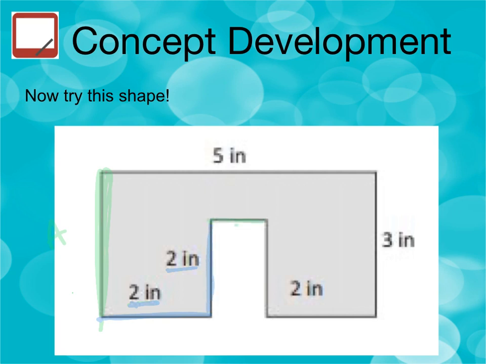I'm not sure what this side length is, so we'll call this one B. I know that this one is the same size as this one, so this one would be 2 inches. This one is 2 inches. This side is 3 inches. And my whole top is 5 inches.